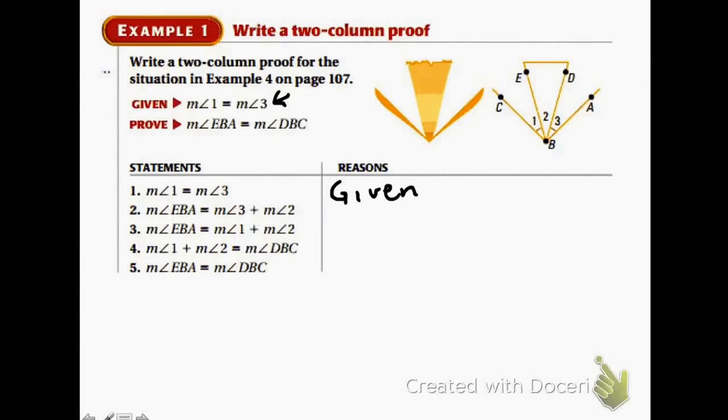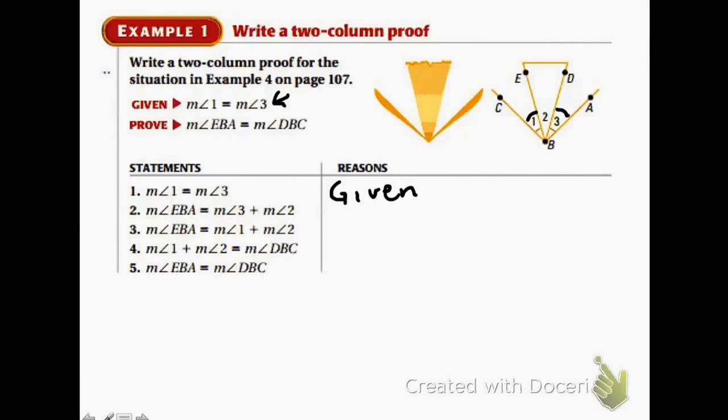So we can see on angle 1, they've got one arc there. Let's make that a little bit more obvious. They've got an arc there, and they've got an arc there. So those two angles have the same measure, or we can say those two angles are congruent.